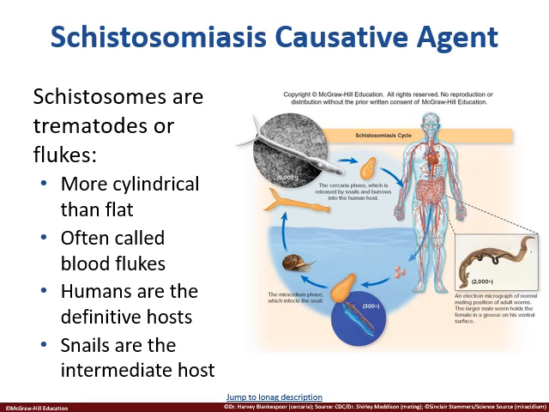What we see here is that the life cycle for these guys is a bit weird because they have a free living larval stage. We pass out the eggs in our feces. Eggs get into the water, they hatch.